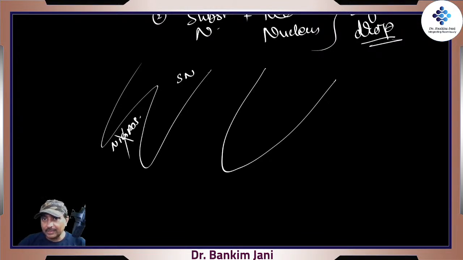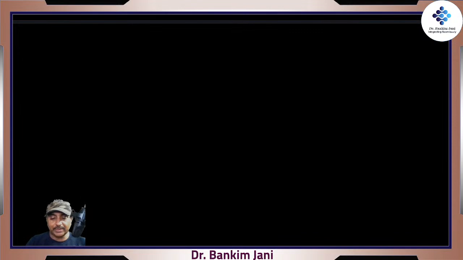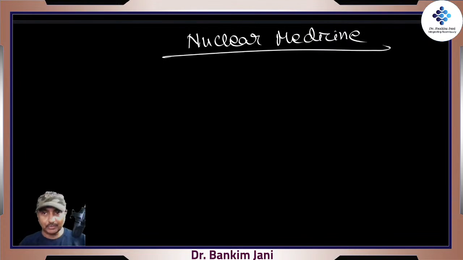Now, anything else apart from this, and that is where comes the nuclear medicine. In nuclear medicine, at times we know that yes, this is getting done, but the names are different, right?